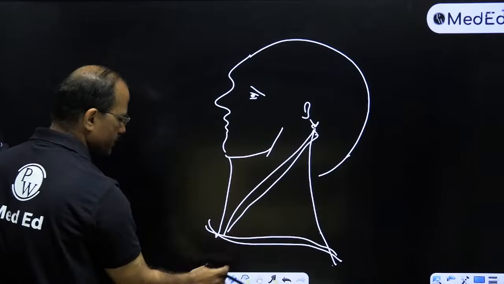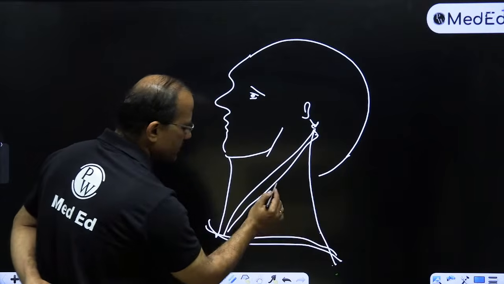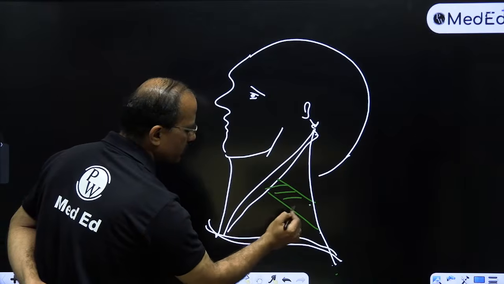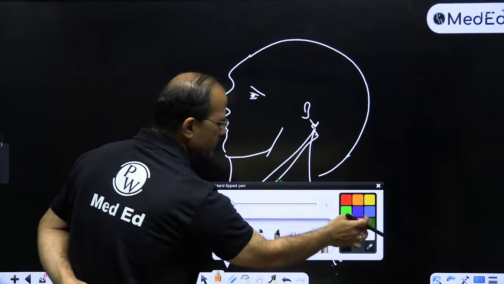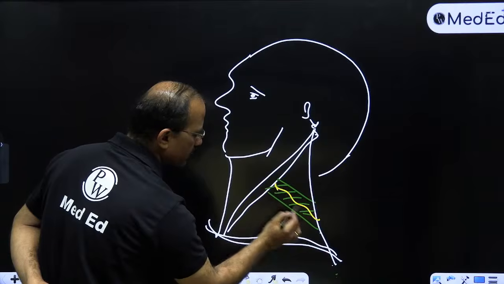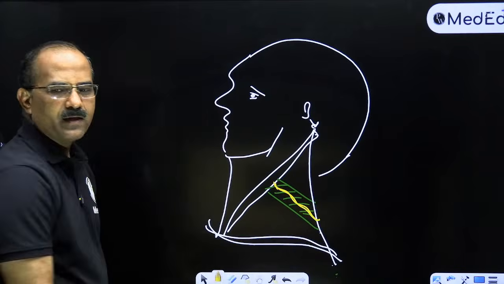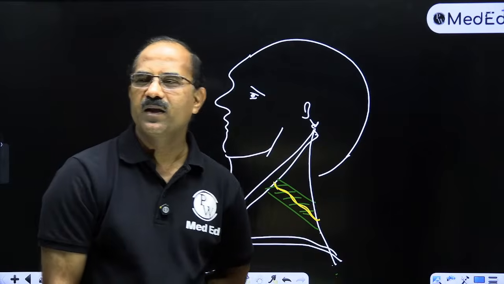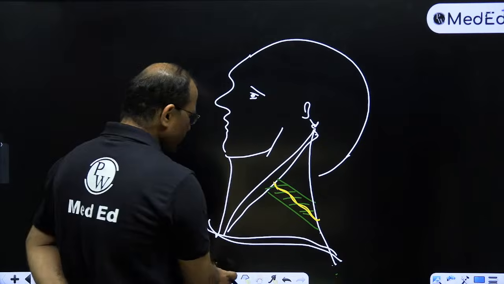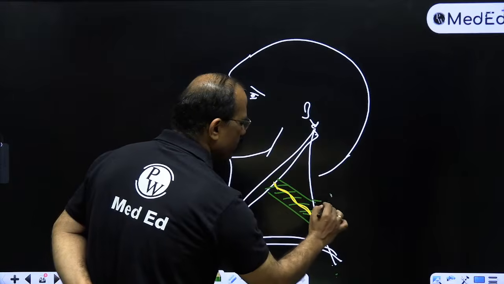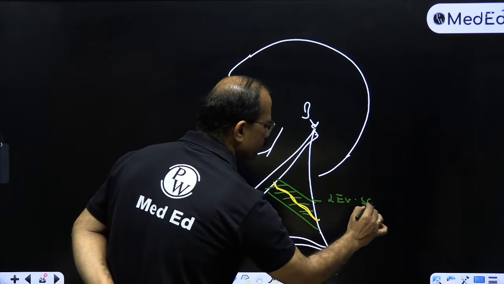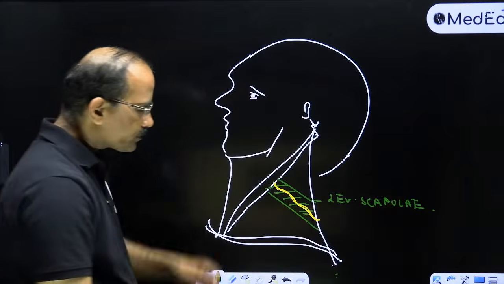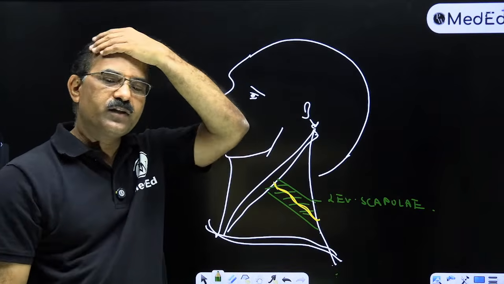That's the trapezius. I'm drawing just one muscle on which the spinal accessory nerve lies. That's the spinal accessory nerve. So the spinal accessory nerve lies on which muscle? That's the levator scapulae. So the spinal accessory nerve lies on the levator scapulae.